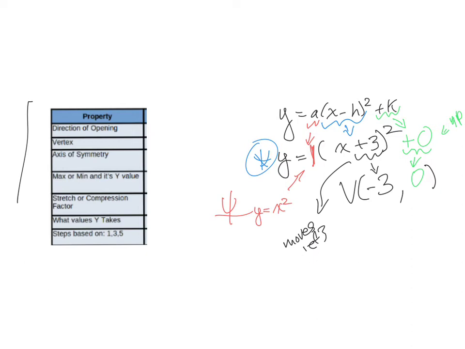what we'll do is we'll look at all the information that we have based on our graph. Remember, our graph was y is equal to a(x minus h) squared plus k. That was normal, but then what we had was our new graph, y is equal to (x plus 3) squared.